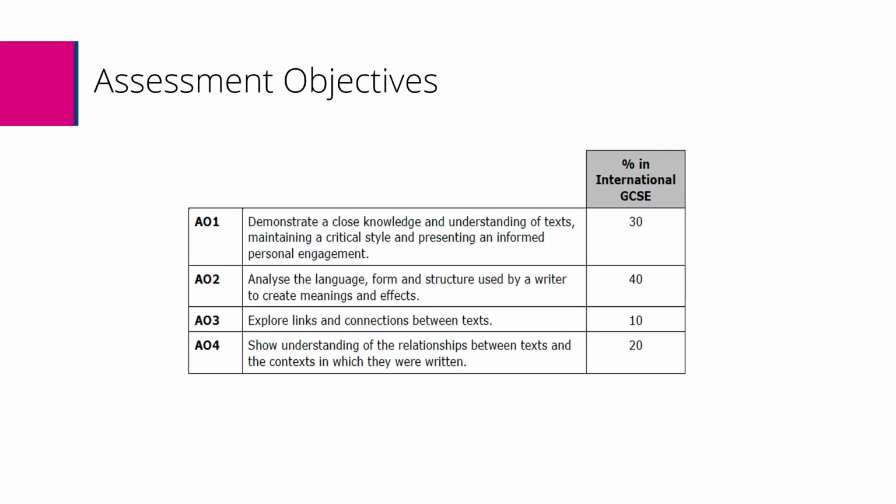AO3 is the links and connections. We're going to look at where these are assessed in a moment, and it will hopefully all fall into place nicely. But that comparative assessment objective is 10% of the final grade. And then the context assessment objective is AO4, the relationships between texts and the context in which they are written. And that's 20% of the final grade.